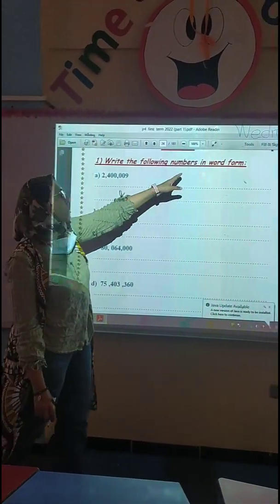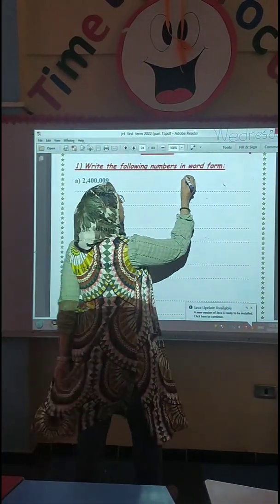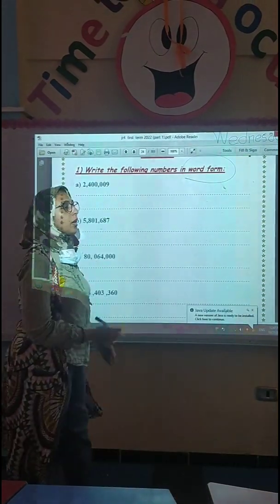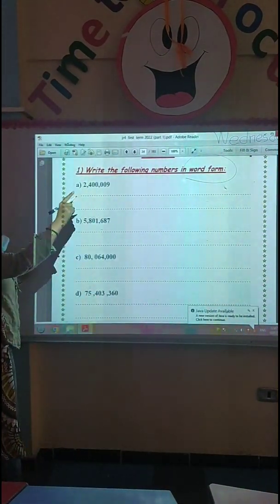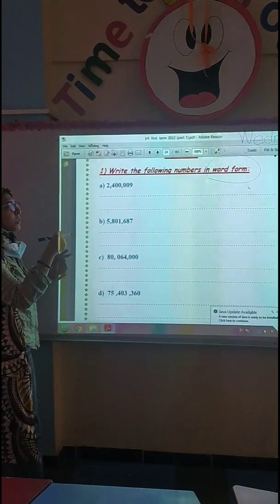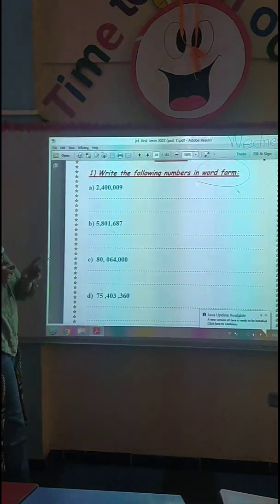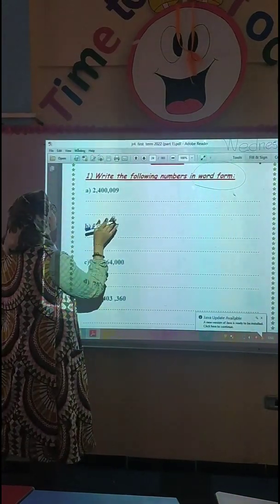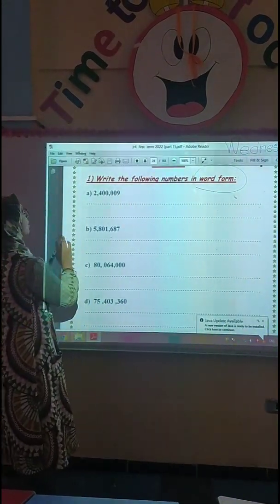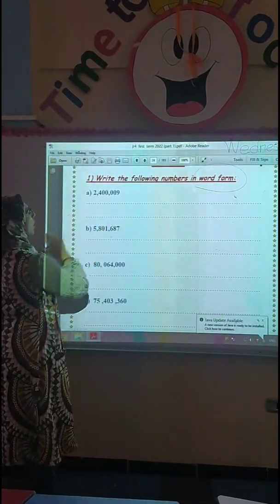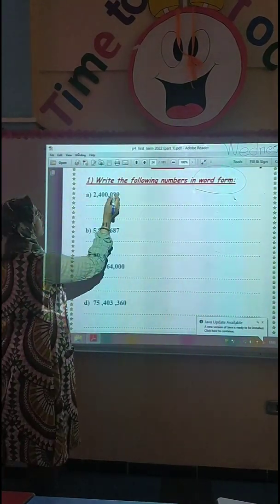Now let's start to answer the exercise of this list. Write the following numbers in word form. So now I have to define which form I want to answer. Here it is word form. Remember, if we want the word form, write with the names or letters of the number, no numbers or symbols. To write, first we have to follow the steps. What are the steps?